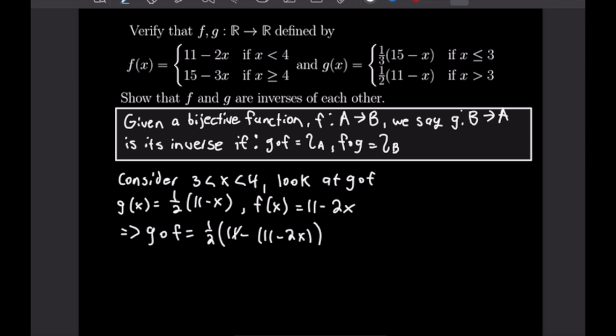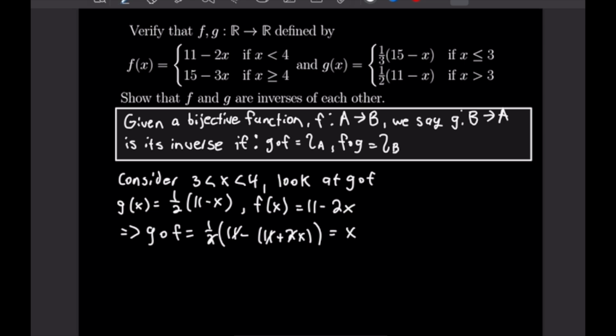And we can see that these two 11s will cancel out, and that this negative here will make this 2x a positive, and this 2 will cancel with this 1/2, which will leave us with just x. So we can see that that is in fact the identity function, as if we plug in any x into g composed with f, when x is between 3 and 4, we will get x. So it will return the same value, which is our definition of the identity function.